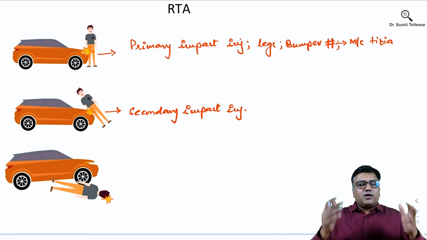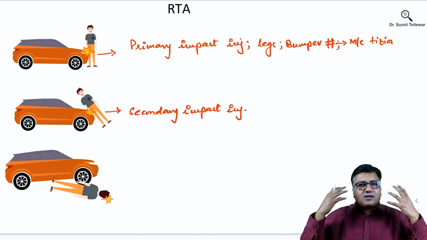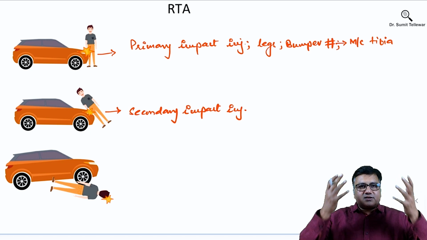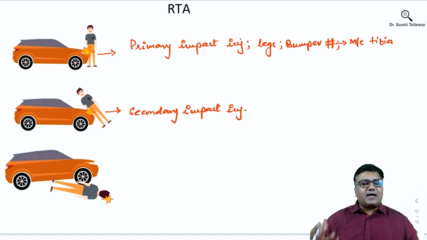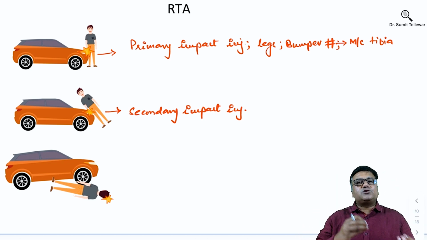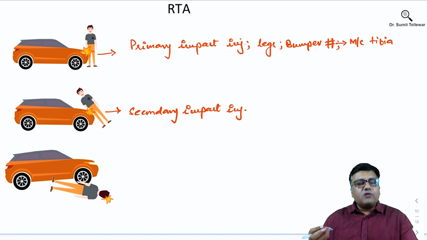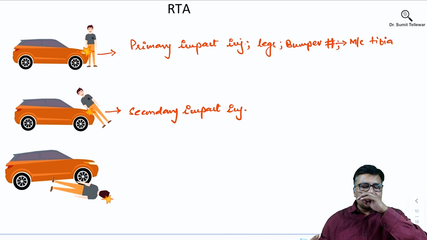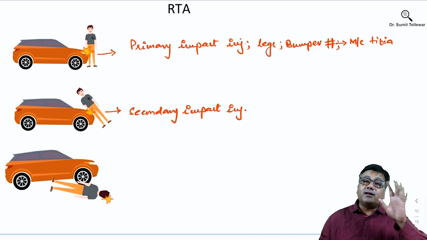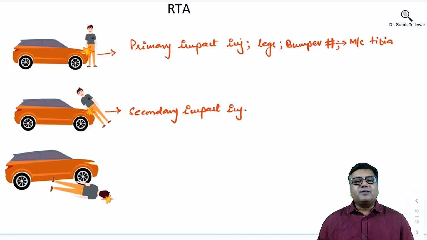Now his body hits some structure on the ground. His head may hit the road, his chest may hit a lamppost, or he may come under some other vehicle which is coming from behind. So possibly there are multiple ways of gaining a lot of external and internal injuries in this situation.